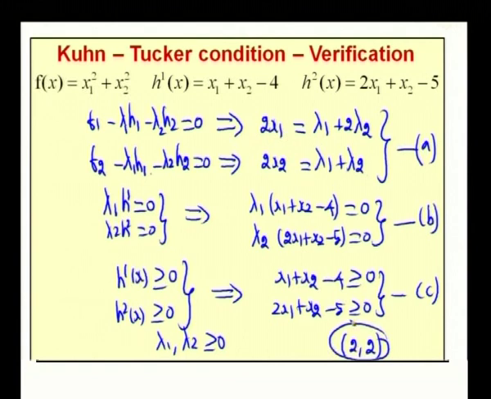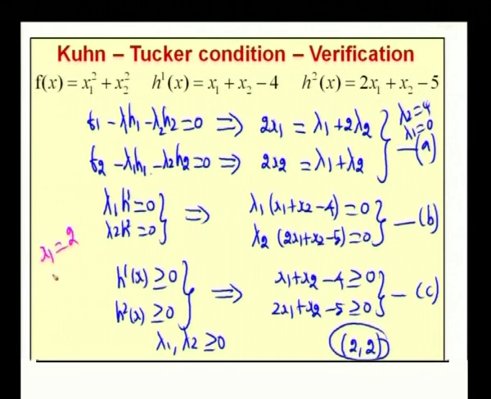By substituting x1 equal to 2, the first equation in A becomes lambda 1 plus 2 lambda 2 equal to 4, and by taking x2 equal to 2 in the second equation, we have lambda 1 plus lambda 2 equal to 4. By solving these two equations, we get lambda 2 equal to 4 and lambda 1 equal to 0.